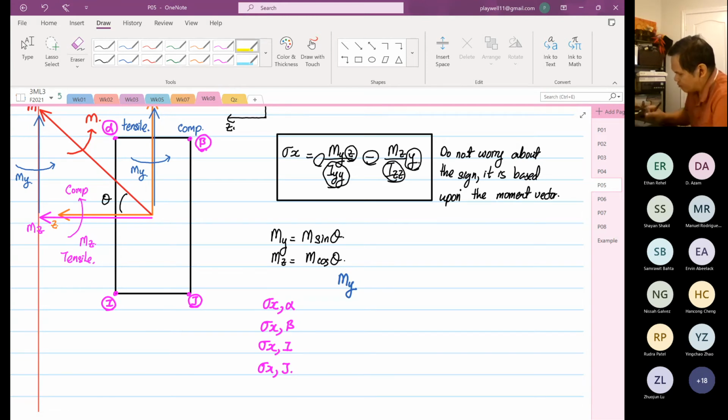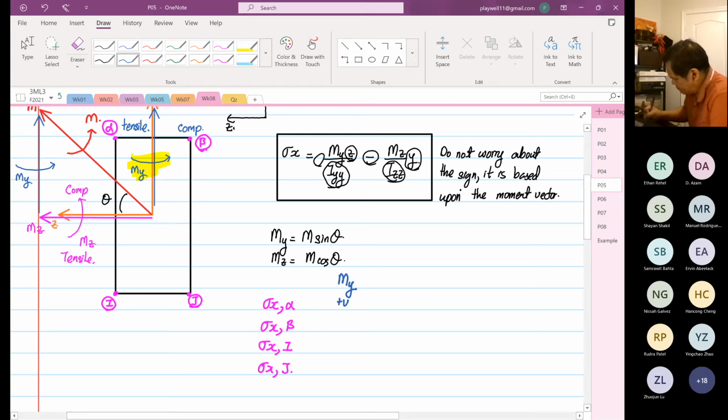So I want you to focus on moment Y. Alpha is in tensile, so this is positive. Beta, due to moment Y, is compression, negative. I is in tensile, right? J is in compression.